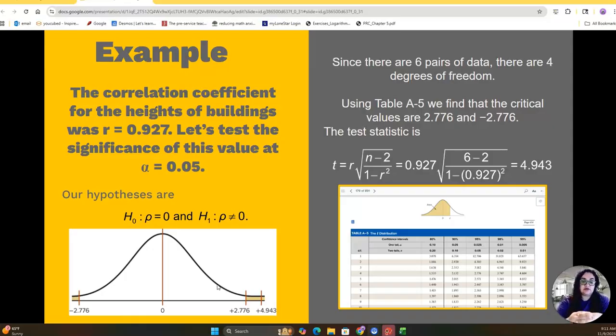But in this case, our t-statistic fell in the shaded region, so we have to reject the null hypothesis, and we can say that there is a correlation. Because the correlation coefficient is so high, we can say there's a significant positive linear correlation between the height of a building and the number of stories that there are.